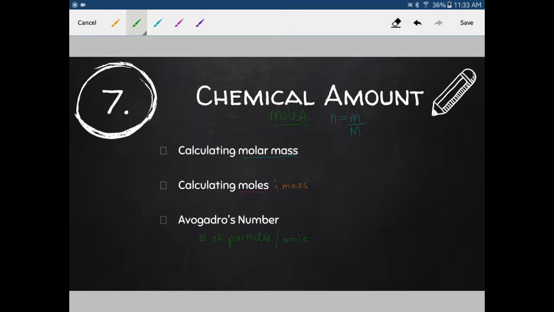Now, there's a little video I want you to watch about Avogadro's number to make sense of that number and give it meaning to you at the end of this lesson, and that will be linked into the workspace following this lesson as well. So let's just take a look at some review on calculating molar mass and moles and mass.